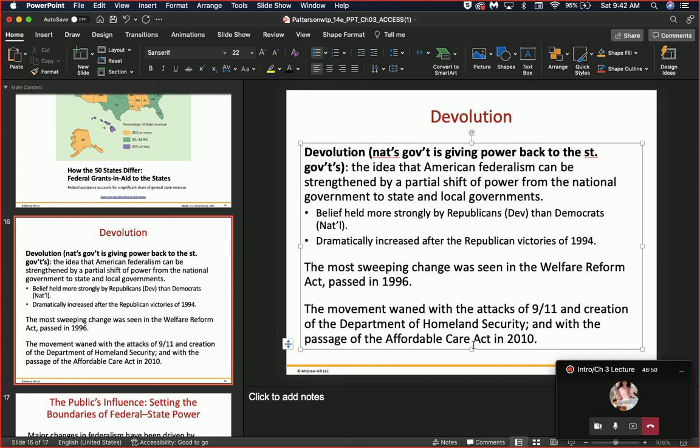How can you remember that? So 2001, remember our president was George W. Bush. What party was he under? The Republican Party, right? But Republicans traditionally value devolution. That's a weak national government, right?